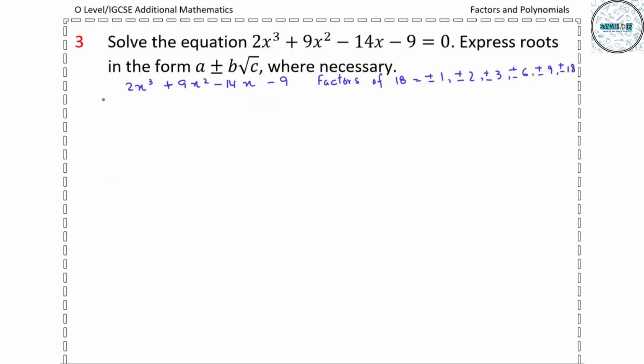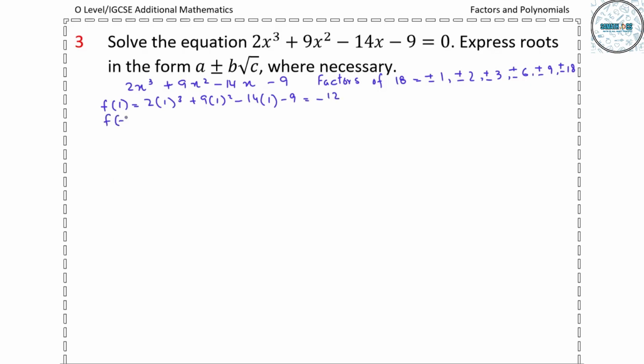So first of all, we will check with 1. When we substitute 1 here, we get 2 into 1 cube plus 9 into 1 square minus 14 into 1 minus 9, which is equal to minus 12.